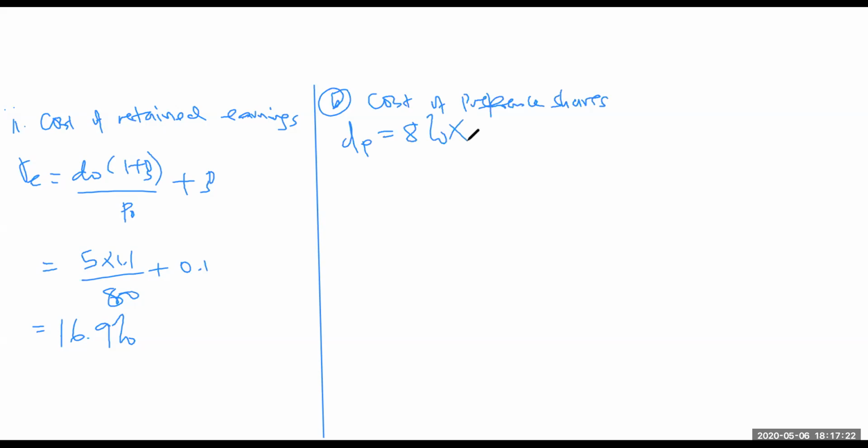They are just being issued at 80. There's no further information as to what their nominal value is. Don't use what is on the balance sheet.